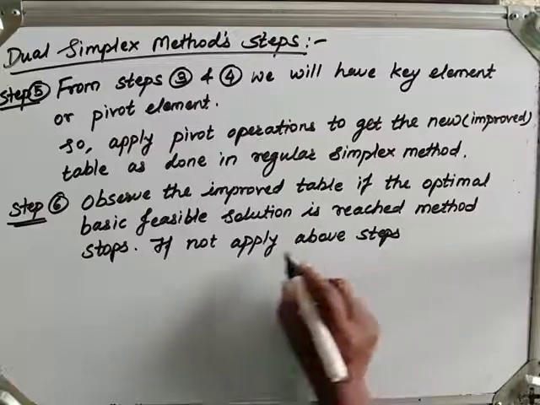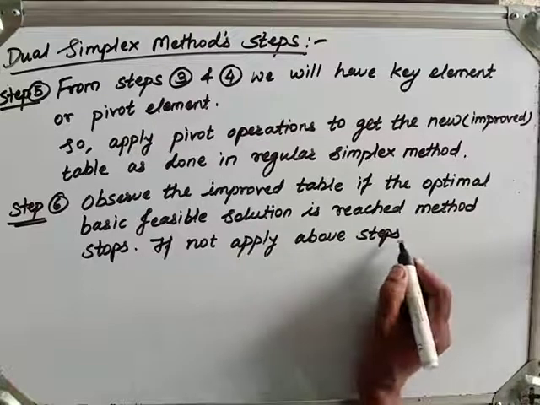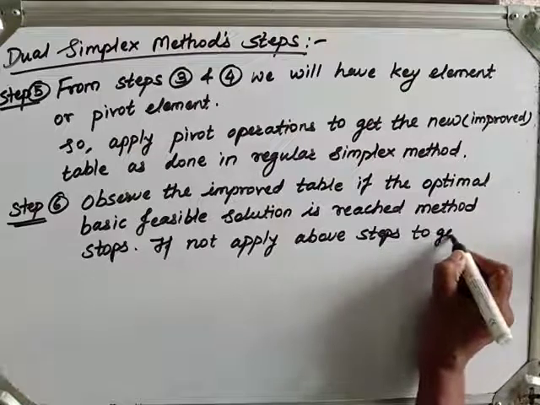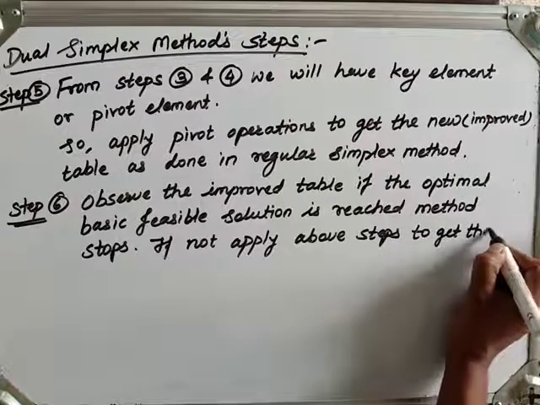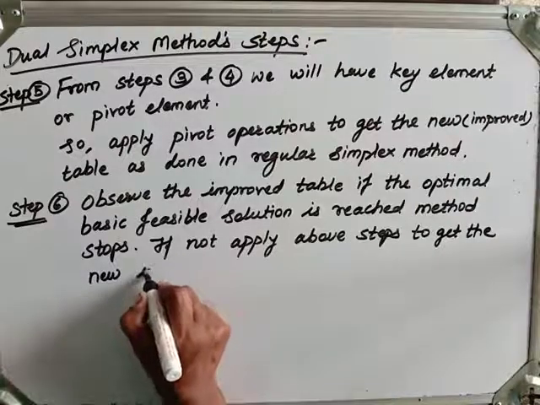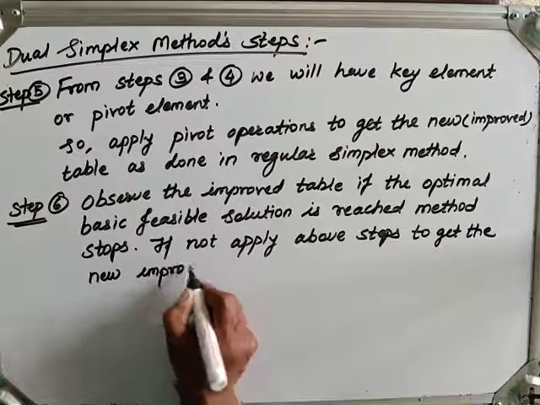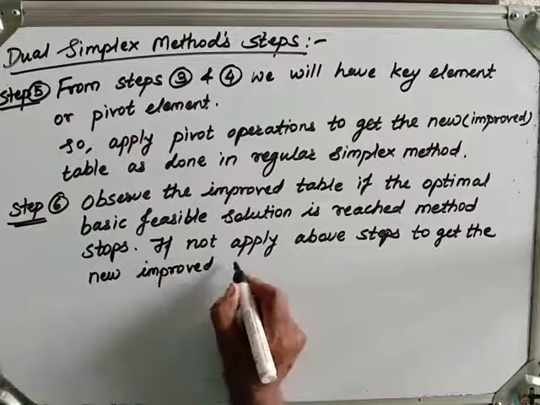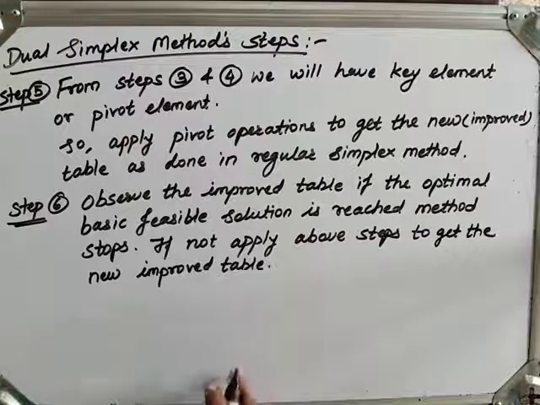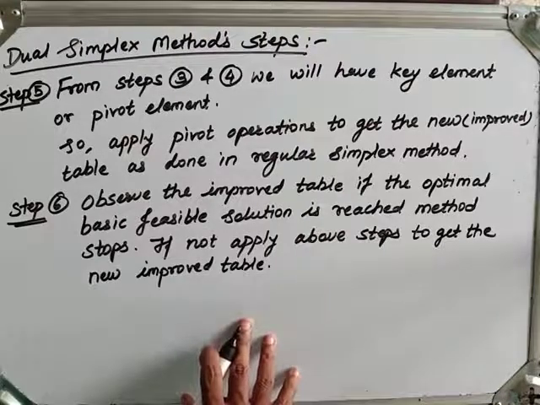We apply the same steps to get the new improved table until we get the optimal basic feasible solution, if it exists. As such, the steps of the dual simplex method are applied.